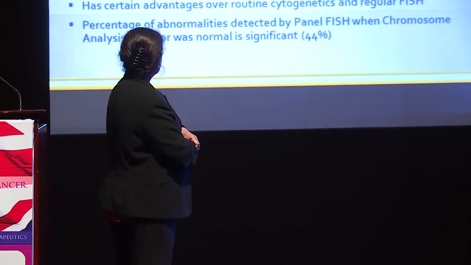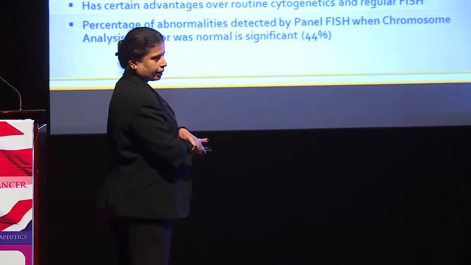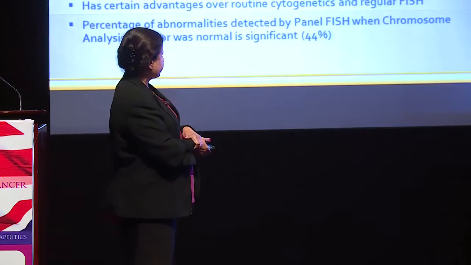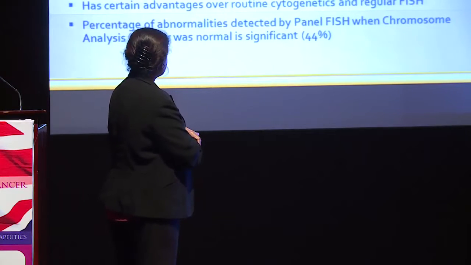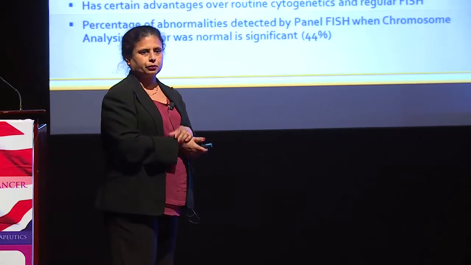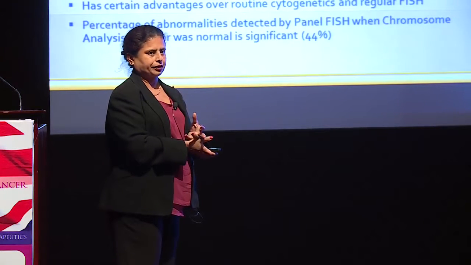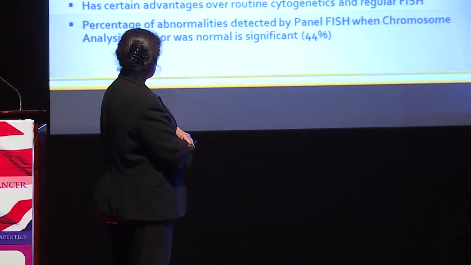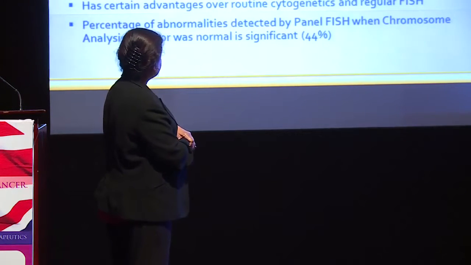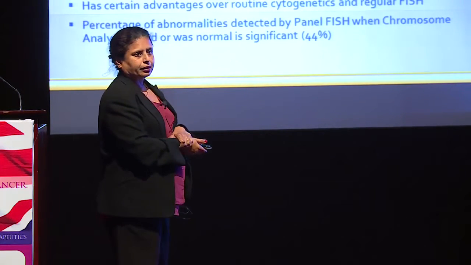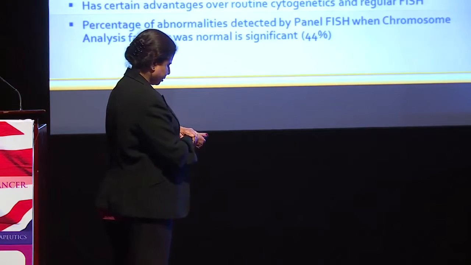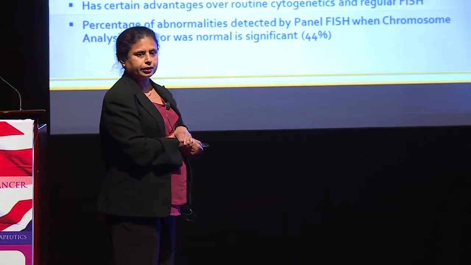It provides valuable information that helps determine prognosis and diagnosis in patients, especially in the lymphoid malignancies where you don't get that many good metaphases. The percentage of abnormalities detected by panel FISH when cytogenetics fails or is normal sometimes is about 44%, so it's significant.